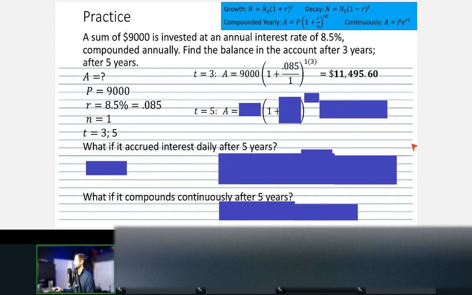So let's take a look. All of you, whether you're right or wrong, are pretty close, within a couple hundred. But in this class, if you're not exact, it's wrong. That's how I grade. So it is $13,530.91.